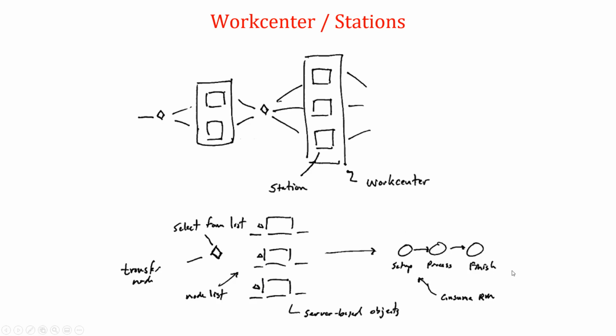And also within the stations, we'll use task sequences to implement the 3-phase process, where we have setup, process, and finish, and there's consumption of raw material within the setup. So in the kitting operation, we consume the components. In the finish operation, we consume the paint, and in the package operation, we consume the packaging.